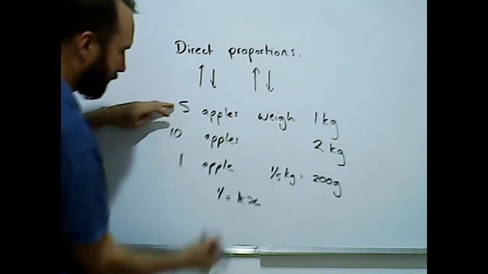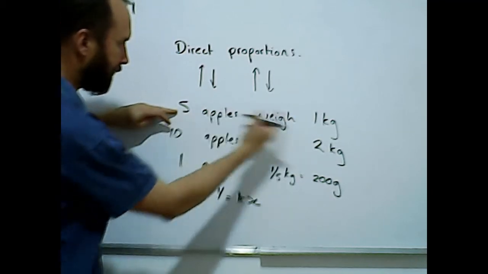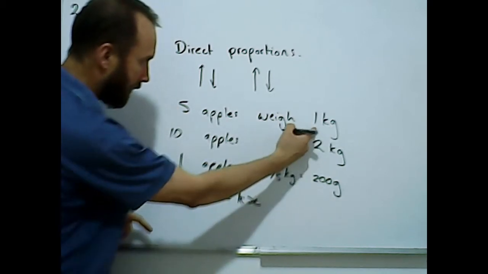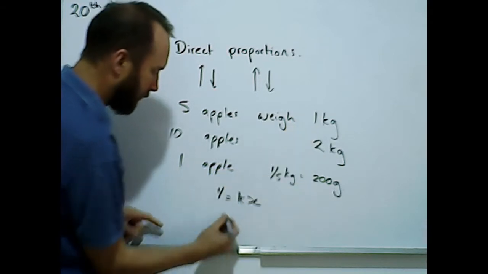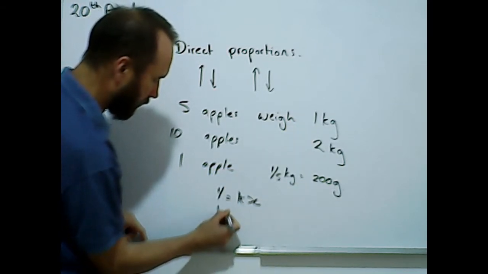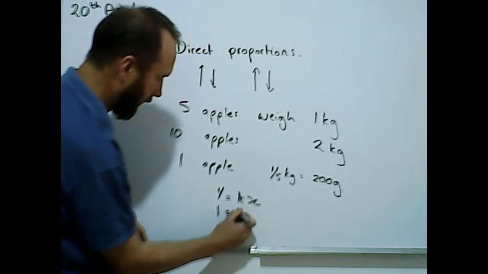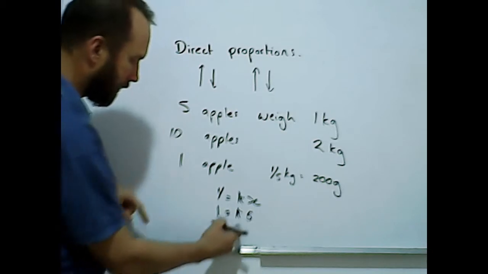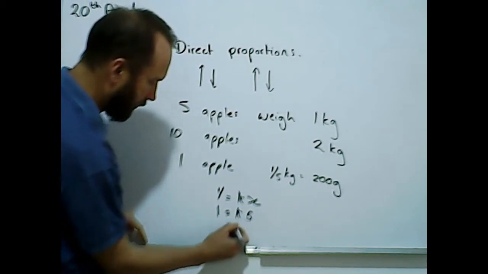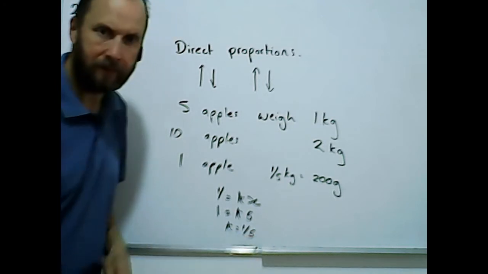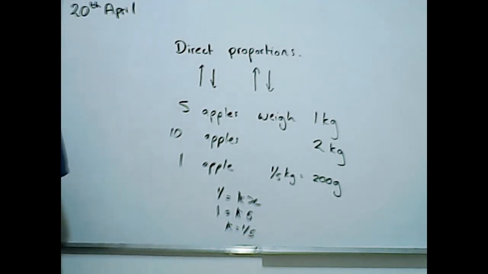So for example, the first one here, we've got 5 apples weighs 1 kilogram. Our y value is 1. So 1 equals k times 5. So k equals 1/5.